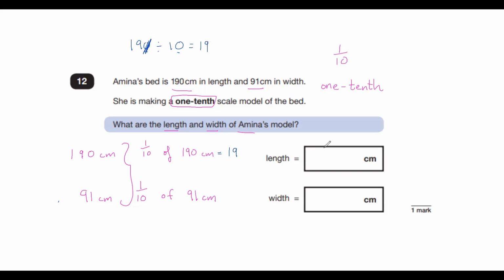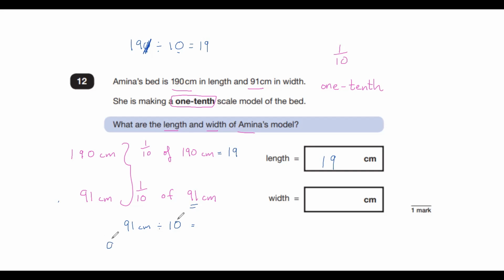So the answer here is 19 centimeters. Now, the next one you might notice is a little bit trickier, because we're going to divide 91 centimeters by 10. And there is no 0 at the end here that we can cross off just to make it 10 times smaller. So how do we do this?